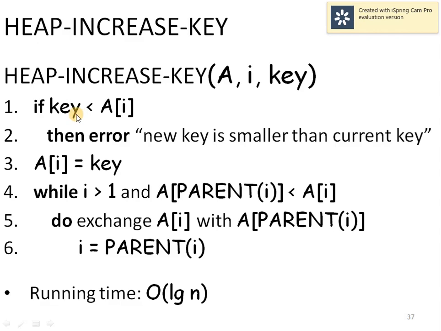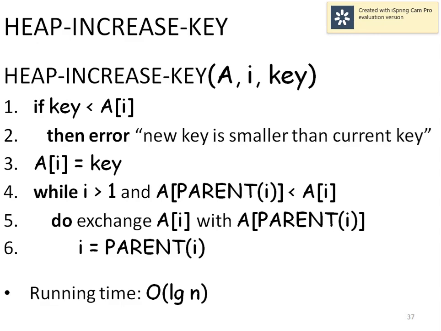So assuming key is greater than the A[i] value, we have to simply replace A[i] with key, and then we have to keep a check of this A[i] with its parent. If the parent value is less than A[i], we have to exchange, and accordingly I have to move i one level up by updating the value of i to parent of i.